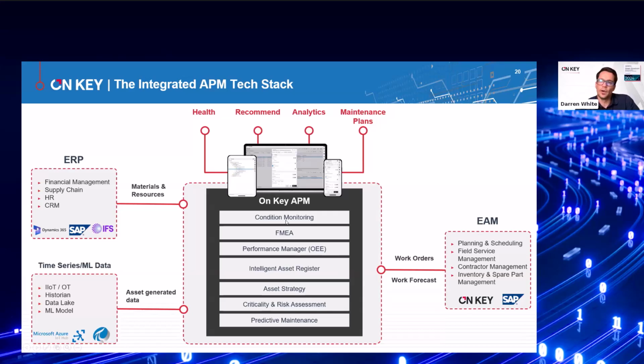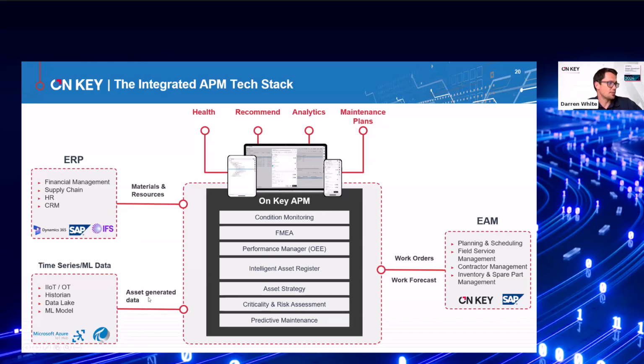Now, for an APM solution, you need to integrate into other data sources to form this clear picture, because you want to also integrate and blend time series data with your asset data to create this context. So first of all, you can integrate into your ERP to have a view of your materials and your resources.